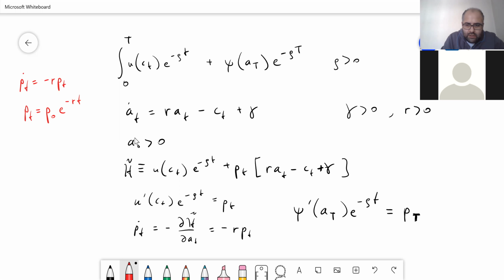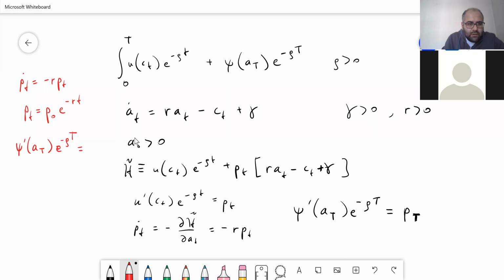So if that's true, look at what's happened. So psi prime a(T) times e to the minus rho T, again, I have a typo here, so it will be e to the minus rho T. Okay, so this will be equal to p(T).